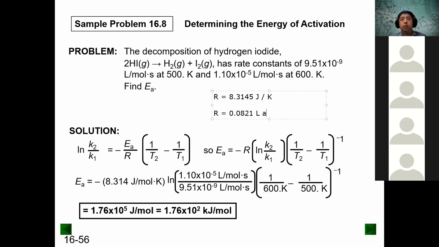So these are your two constants for R. The first one you use mainly for temperature and energy, so for activation energy, you use that one. If you're dealing with pressure, volume, or concentration, you deal with the second one.